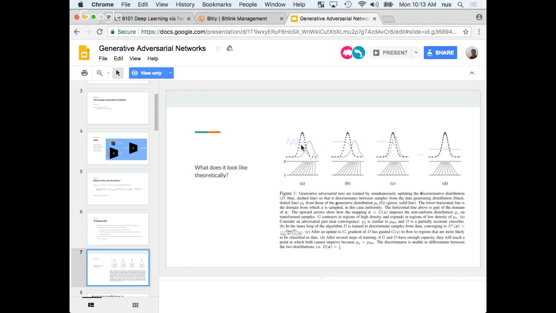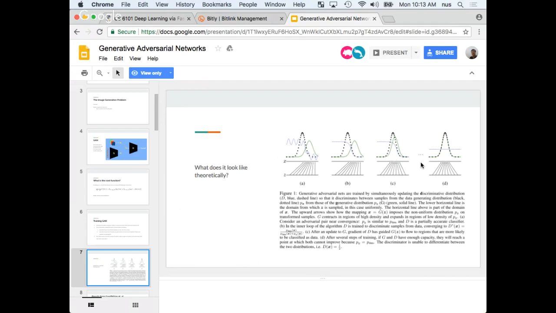You're more likely to get a real image, and once you go here, it's more or less certain that this is the area where generated images are. As you keep training, the discrimination between the two gets better, and the generator also learns to shift the data points towards the real data.